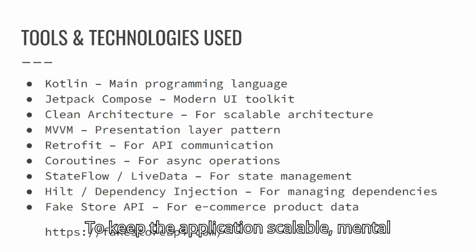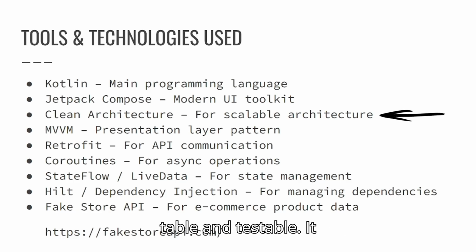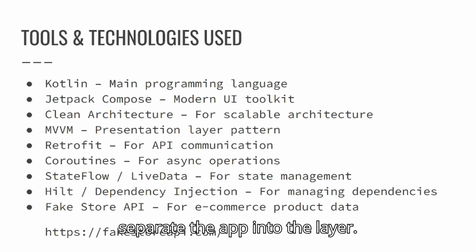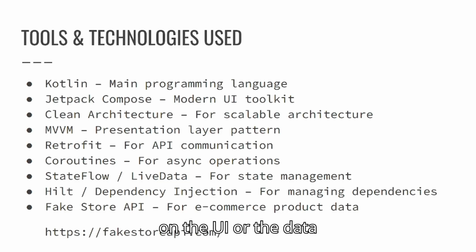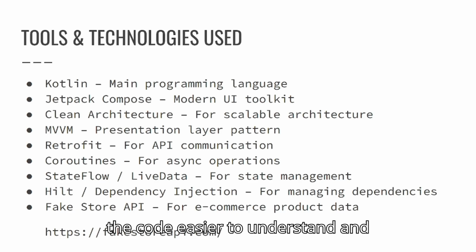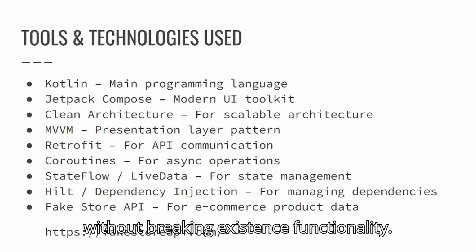Now for the architecture, we use clean architecture to keep the application scalable, maintainable, and testable. It separates the app into layers, so business logic is not dependent on the UI or the data source. This makes the code easier to understand and allows adding a new feature without breaking existing functionality.